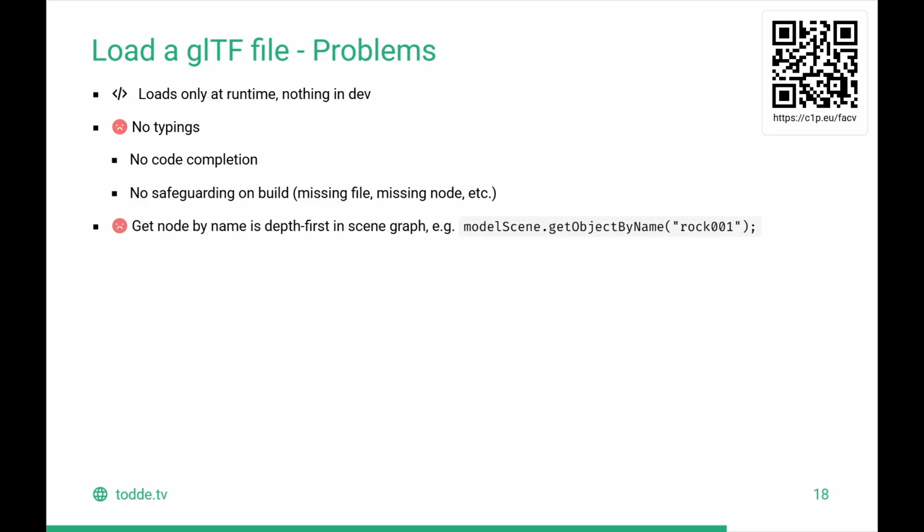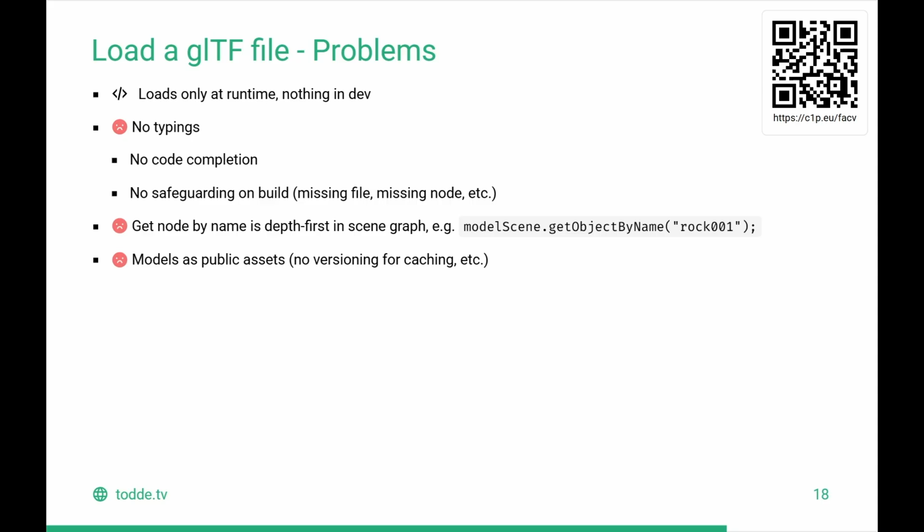Also, this get object by name I referenced just a minute ago is just a depth first approach. So this big scene graph, this JSON file is loaded, the object hierarchy is built, and then it's a depth first approach to get there. And if you're very unlucky, you have to go through all of the tree, all the leaves until the very end. This is complex and very bad performance-wise.